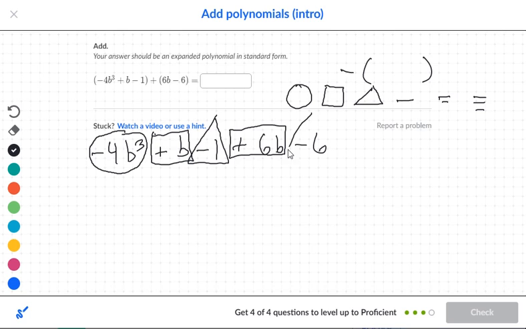So we put the constants in each triangle there. So I shouldn't say box, I should have said triangle. So the circle contains the highest, and then as we move our way down, second place is the box, and the third place is the triangle.